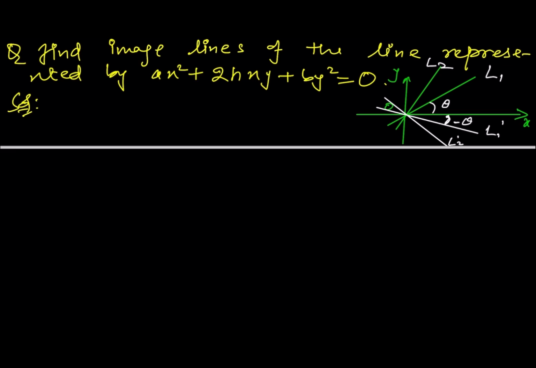If L1 dash is the image of L1, right? So we can definitely say here m1 dash will always be minus m1, because tan theta is m1 and tan of minus theta is m1 dash.